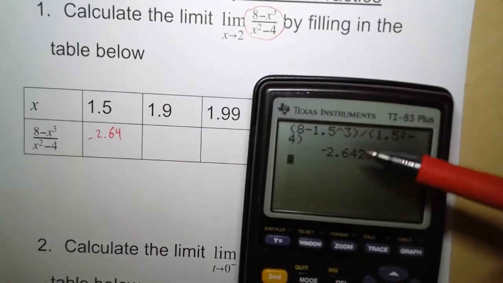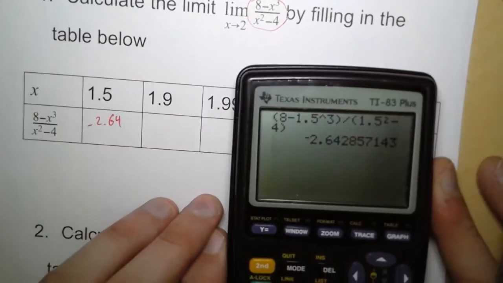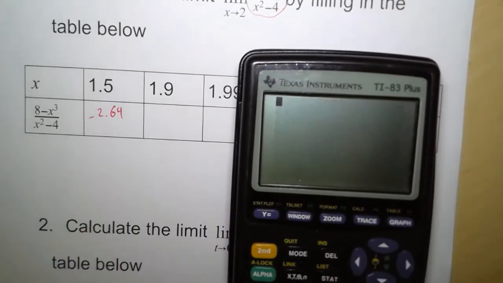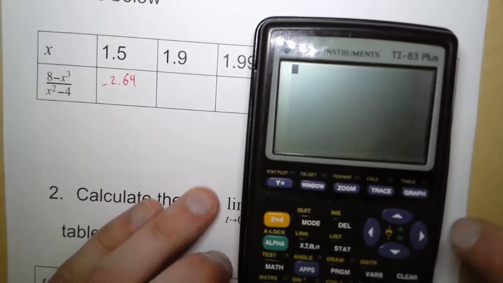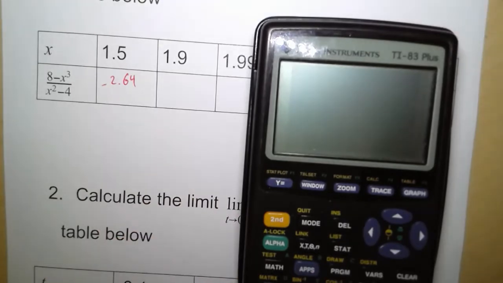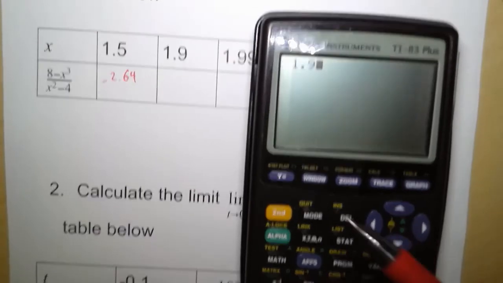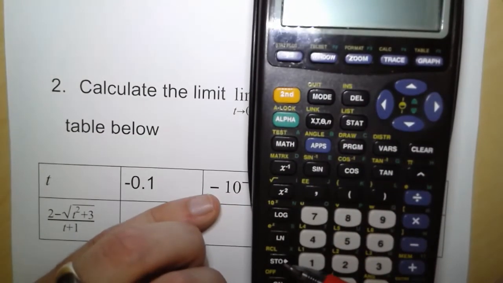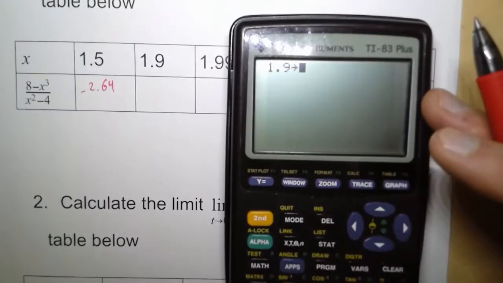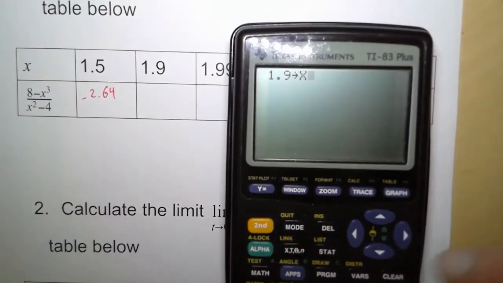We can try this approach, but I want to show you a faster way to do this. If you have a Texas Instruments calculator, you can make this faster by using x as a stand-in variable. I'm going to press 1.9, then press the store button, STO, and then hit store x.